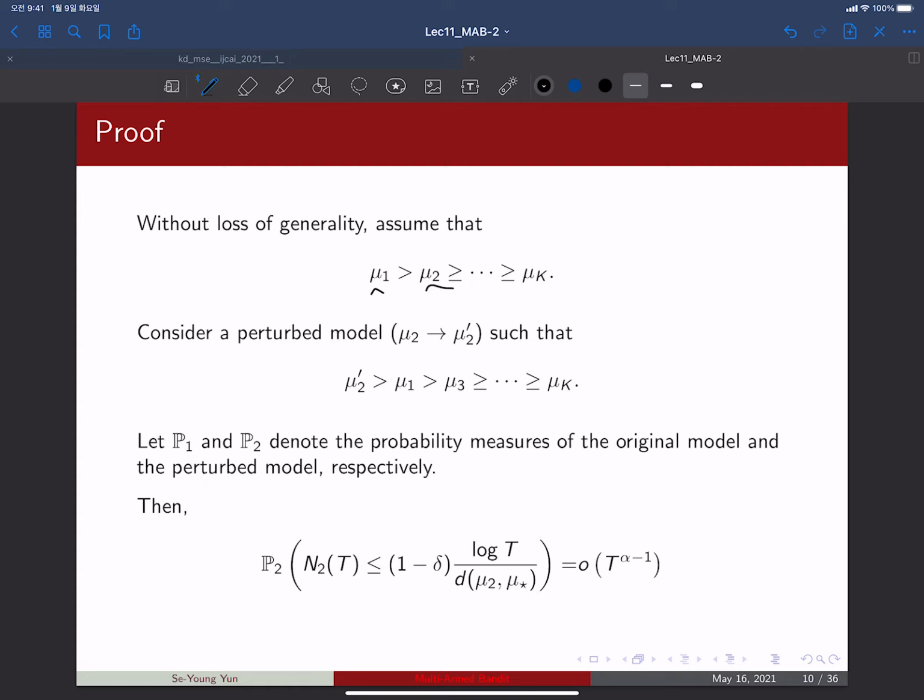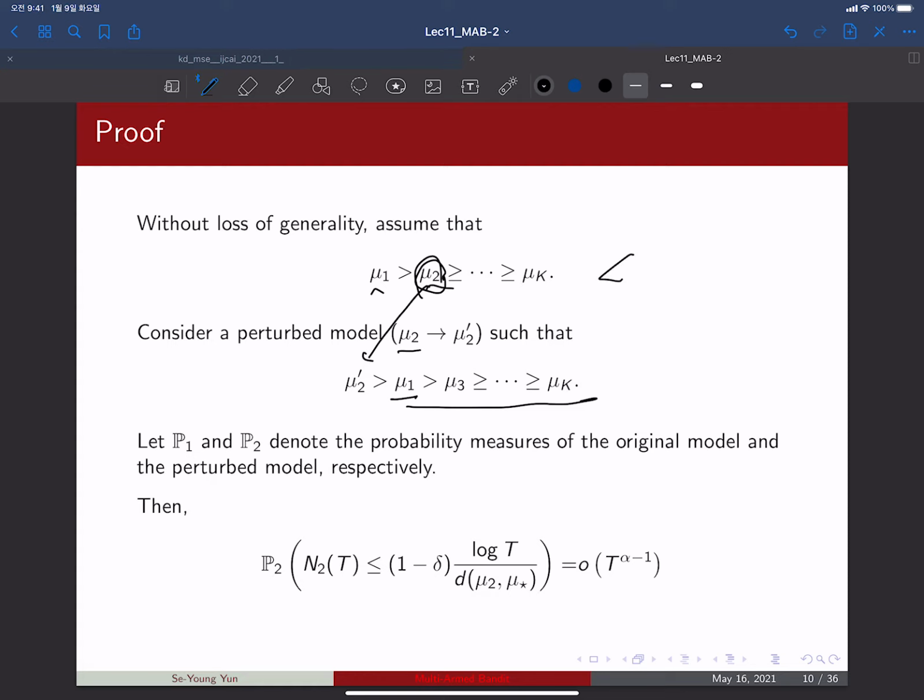So consider a perturbed model and change mu2 to mu2 prime, so that mu2 prime is strictly or slightly bigger than mu1, and keep the remaining things the same. So we only change mu2 to mu2 prime, and everything else is the same. Then the expected reward order becomes mu2 prime, mu1, mu3, and so on up to mu capital K.